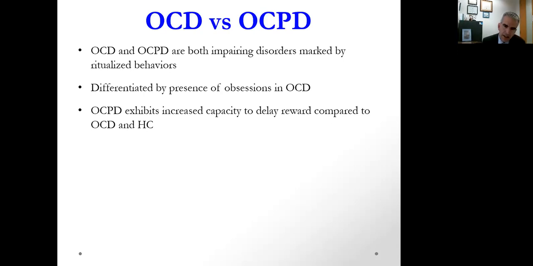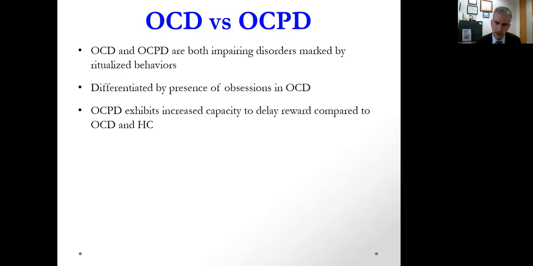And the individuals with OCPD consistently, and more frequently than their counterparts with OCD or healthy controls, would go for the larger amount, or the later amount, I should say, even if it was just slightly larger than the option presented now. So individuals with OCPD, we can say, have an ability to delay reward, delay gratification, which seems to set them apart from individuals with OCD and healthy controls.